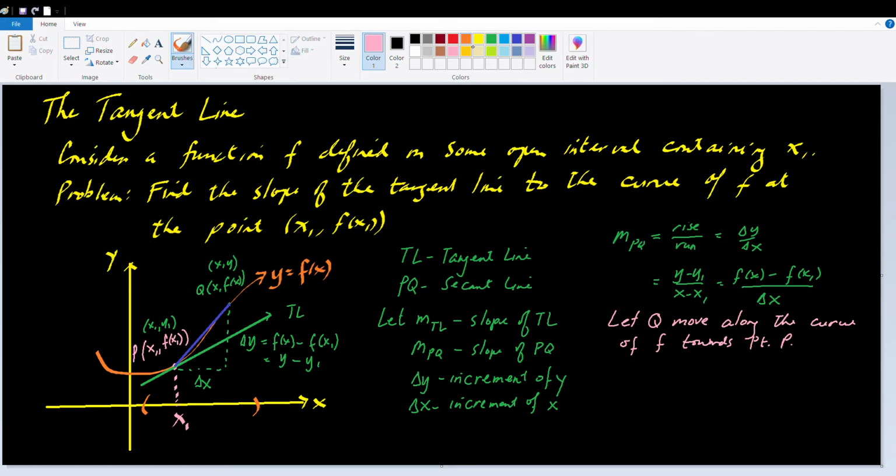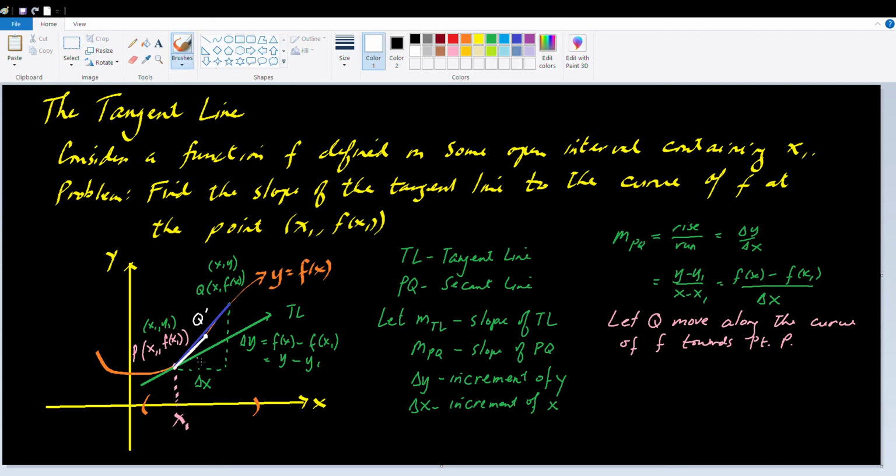So let us choose another point in the curve of f. Let us choose this as another point and call it Q prime. So PQ prime is another secant line, our new secant line.